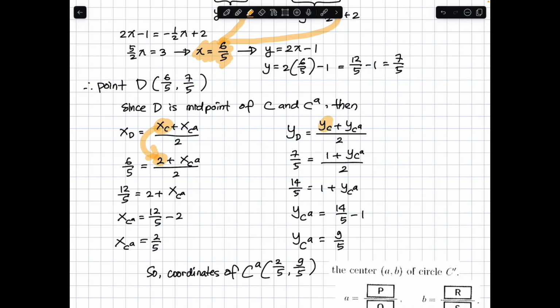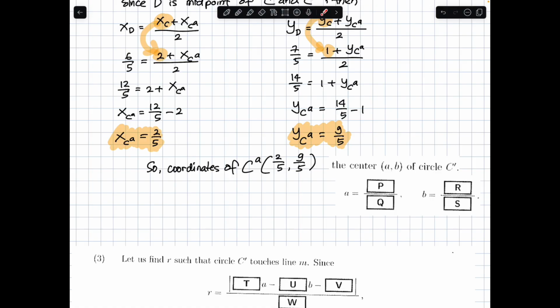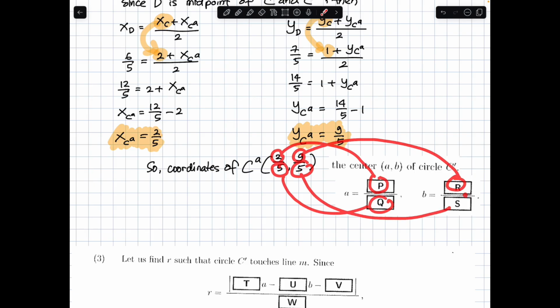So I just put it here and here. From this calculation, after simple algebra, finally I got the value of x of CA and y of CA. So here I got the answer for the coordinates of the new circle's center, 9/5. So I put it here: 2 for P, 5 for Q, 9 for R, and 5 for S.